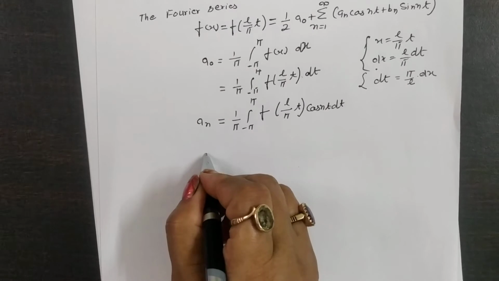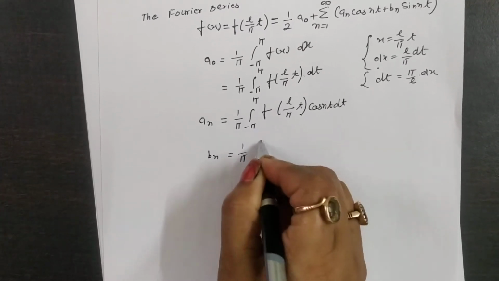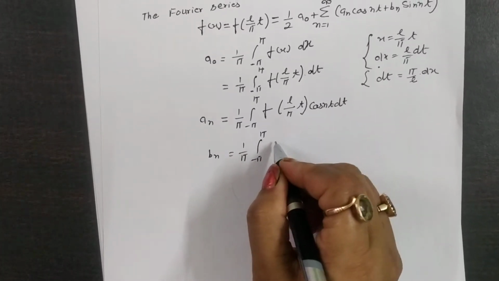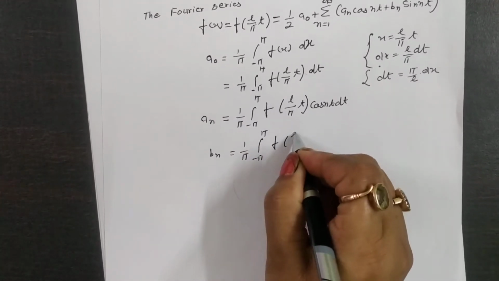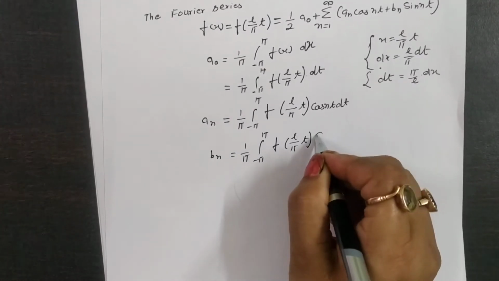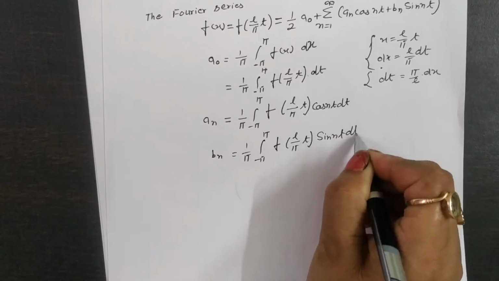And similarly for bn, 1 by pi, minus pi to pi, f of L by pi t sin nt dt.